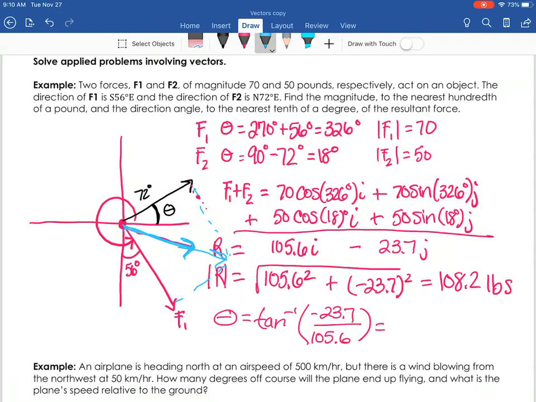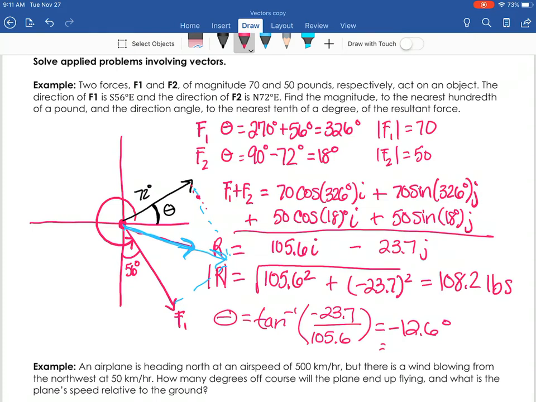Okay, so when I put that in on my calculator, I'm going to get negative 12.6 degrees, which is the fourth quadrant, right? Because I open up in the negative direction, 12.6 degrees. So that works. I don't have to add pi to it or 180 degrees or anything to it to adjust it. However, we always want to put positive angles in standard position as our final answer.